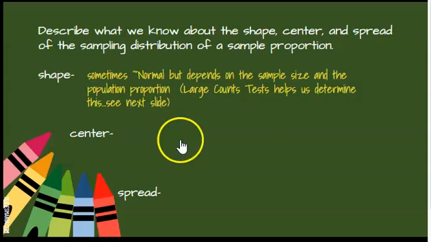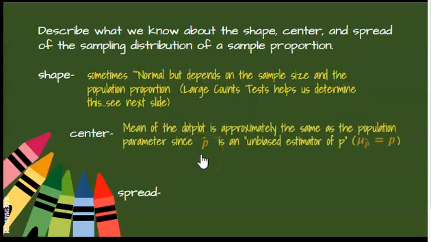Now what about the center? If I took a bunch of samples and put them on my dot plot, where would they center? Where would the balance point be? Well, the mean of the dot plot is approximately the same as the population parameter, since p hat is an unbiased estimator of p. What does that mean? We talked in the previous video about biased versus unbiased estimators. One of the unbiased estimators we use in statistics is proportions.